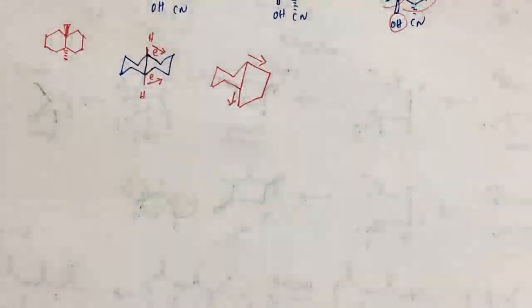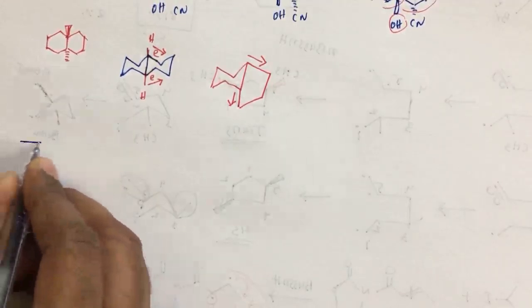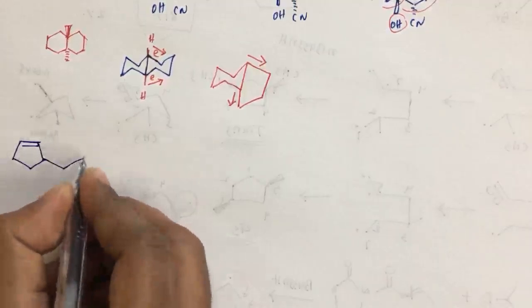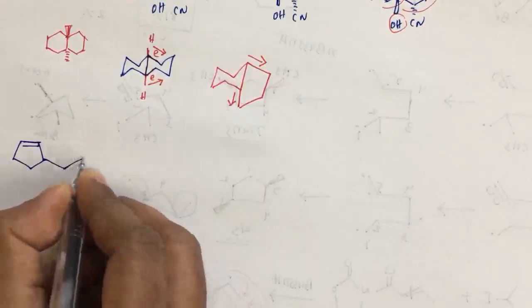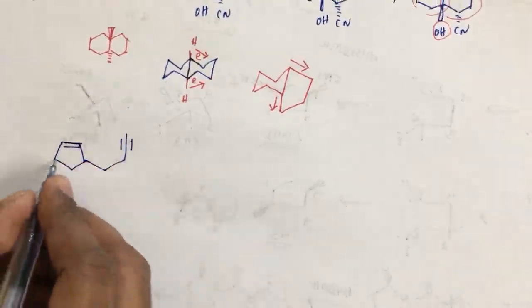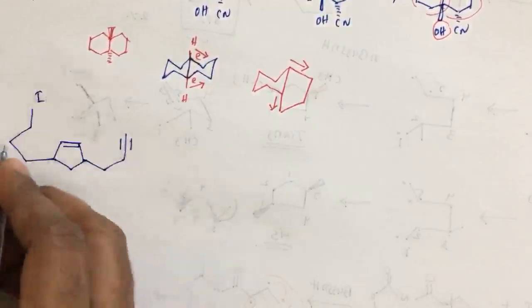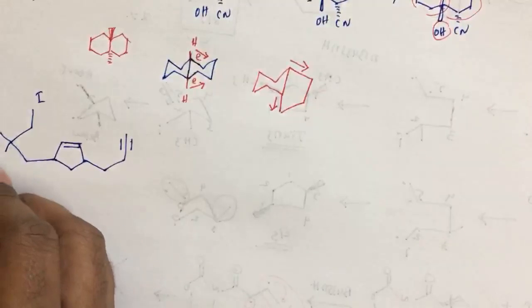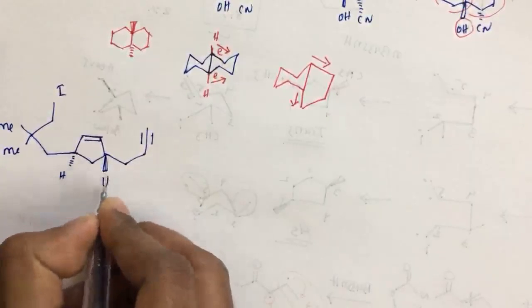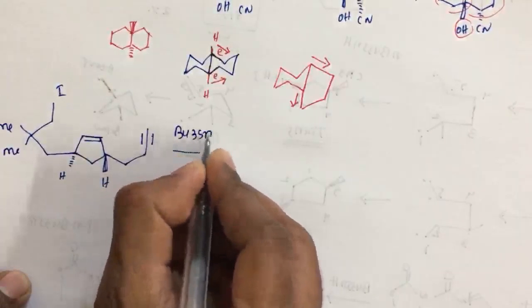And then we see some intramolecular reactions. One, two, alkyne is here, then iodine. So in the first step we have Bu3Sn radical.